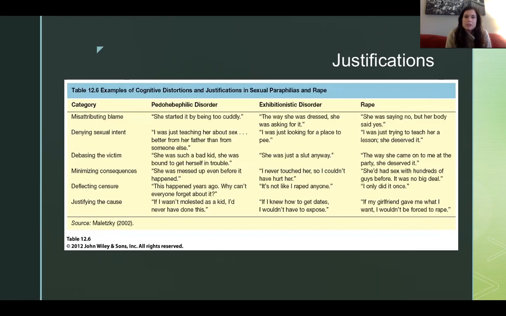There's a lot of misattributing blame, denying sexual intent, debasing the victim, minimizing consequences, deflecting censure, and justifying the cause. So take a look at those for sure, because I think that it's easy for people to come up with justifications, but as we all know, engaging in behaviors in which consent is not obtained is 100% wrong. And it's a problem.